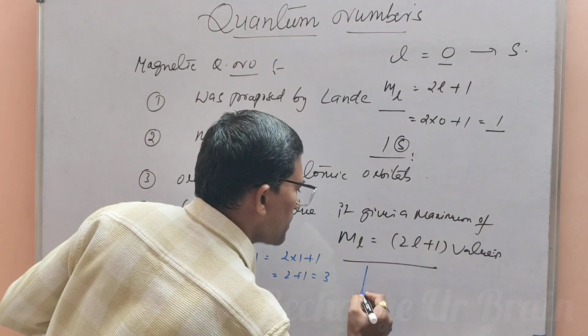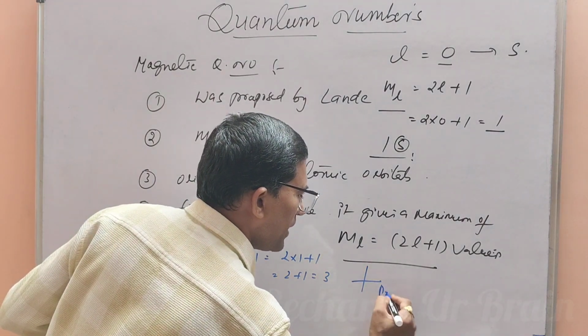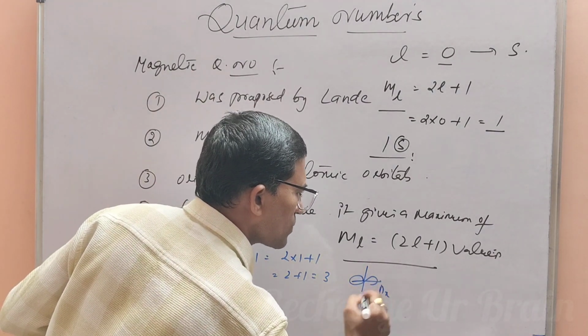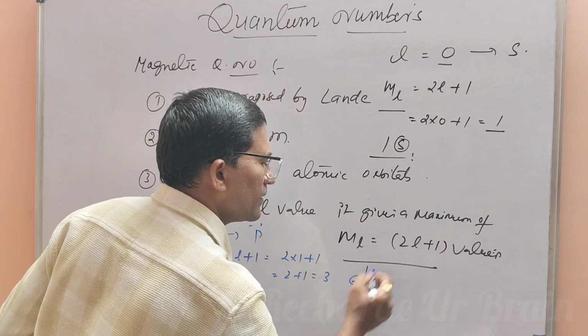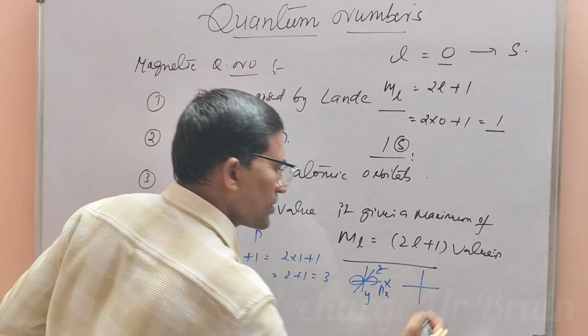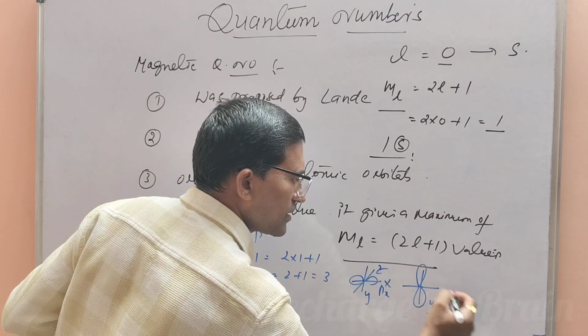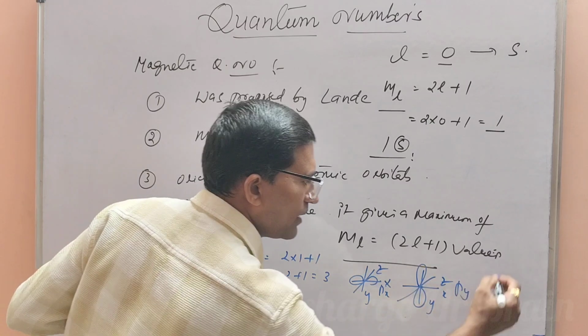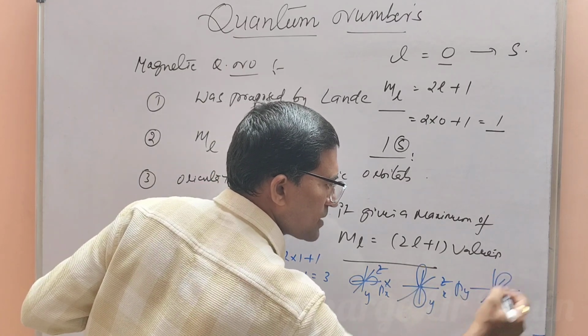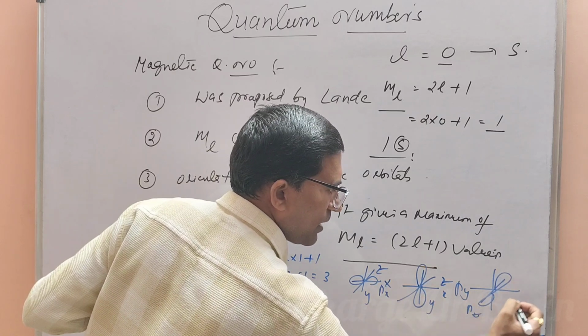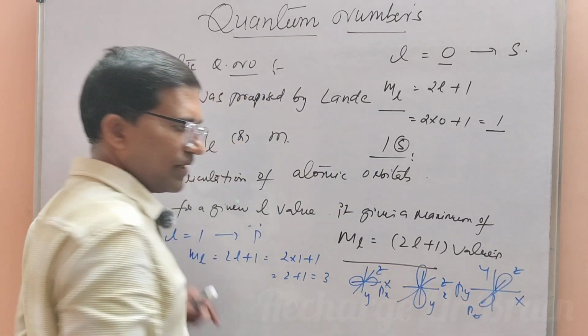That is the p subshell. This is px; this is the Y axis, this is the X axis, and this is the Z axis. The next orientation, after px, is py, and the next orientation is pz. We have px, py, and pz orbitals like that.